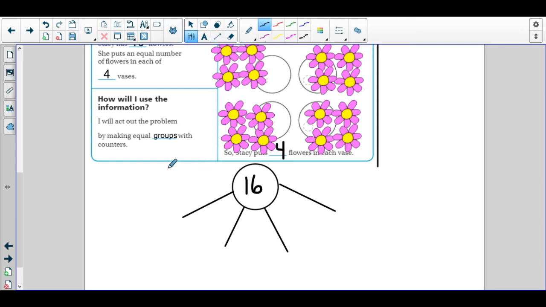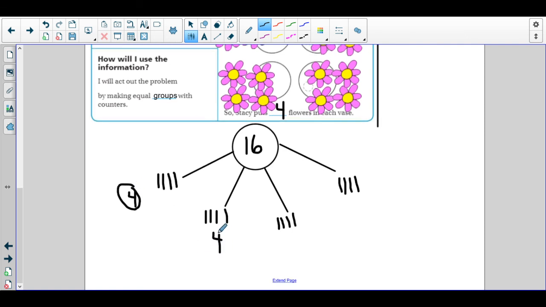Okay, and then I just count them off, tally mark, 1, 2, 3, 4, 5, 6, 7, 8, 9, 10, 11, 12, 13, 14, 15, 16. So each group has 4 in it. All right. So that's how that one works right there.